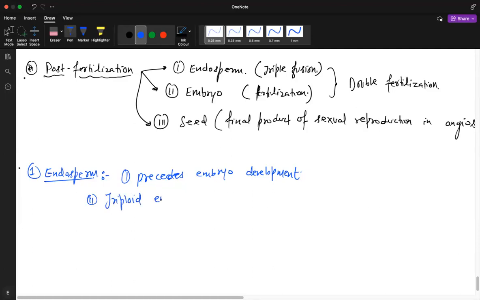So triploid endosperm tissue, and this comes from the primary endosperm cells. And the cells of this tissue are filled with lots and lots of protein and starch, which is basically the reserved food material. It is secreted slowly when the embryo is developing inside the seed.